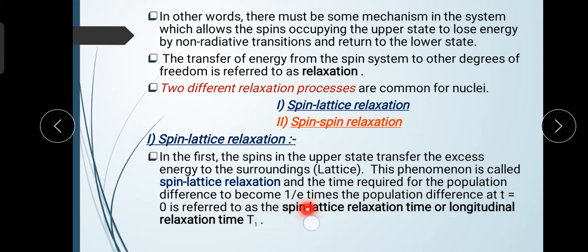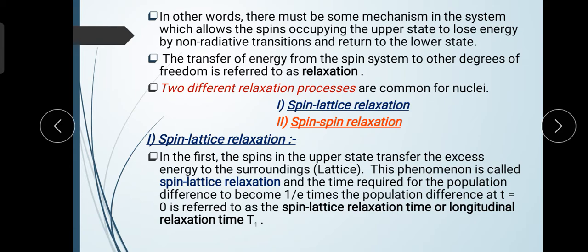The time required for the population difference to become 1/e times the population difference at t equal to 0 is referred to as the spin lattice relaxation time. That means there is a population difference due to absorption of energy, and this population difference must become 1/e times the population difference at t equal to 0.